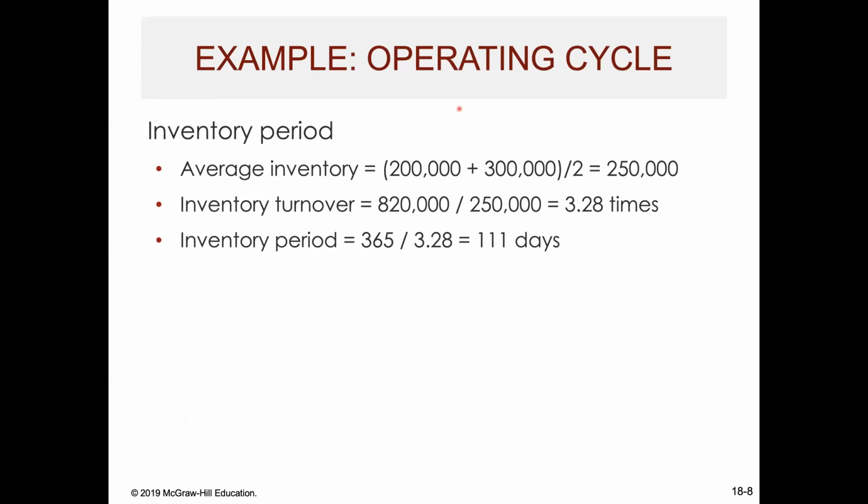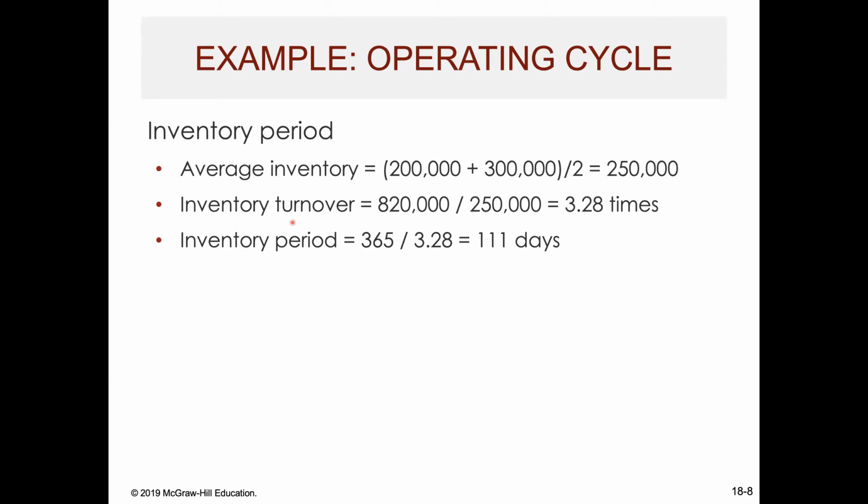So let's start with the operating cycle. Using the information that we just saw on the previous slide, we're going to take our average inventory. Remember, it started at 200,000, ended at 300,000. So that's 500,000 divided by 2, so we can get the average. Our average inventory is 250,000. Using our cost of goods sold number now, we can calculate our inventory turnover.